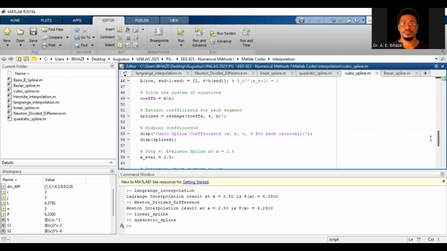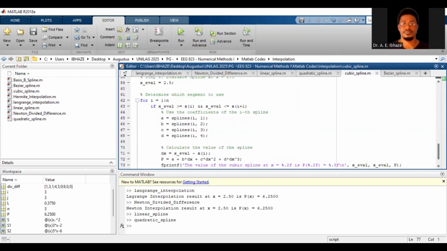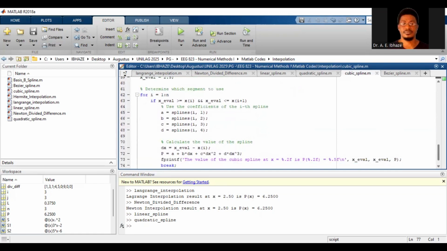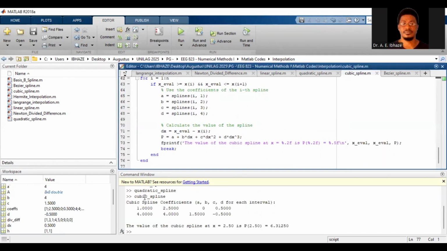Then we display the coefficients. And in this case, we have the loop to determine which segment to use. Then we calculate the value of the spline. So when we run this, now you see that we have the values, the coefficients are stated as computed, and then the value of the cubic spline is 6.3125 as evaluated.